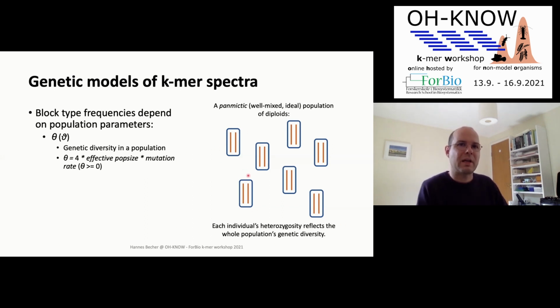And that's why you can use K-mer spectra to learn about the diversity of a population. So in a diploid, the proportion of K-mer sites that are different between these 2 genomes, that corresponds to theta. So theta is the K-mer heterozygosity in a panmictic population.